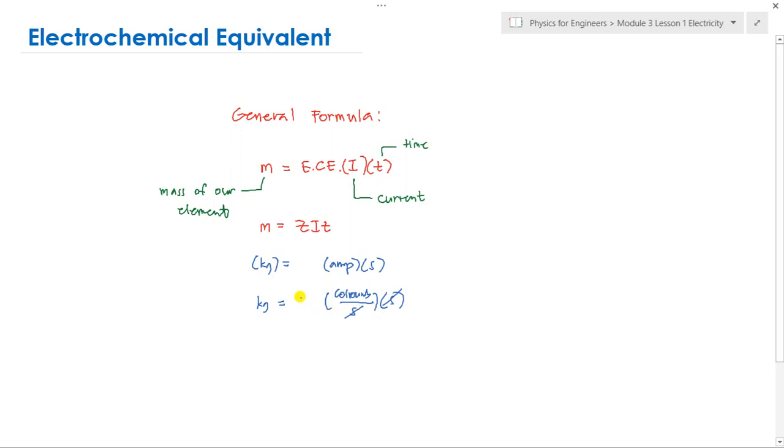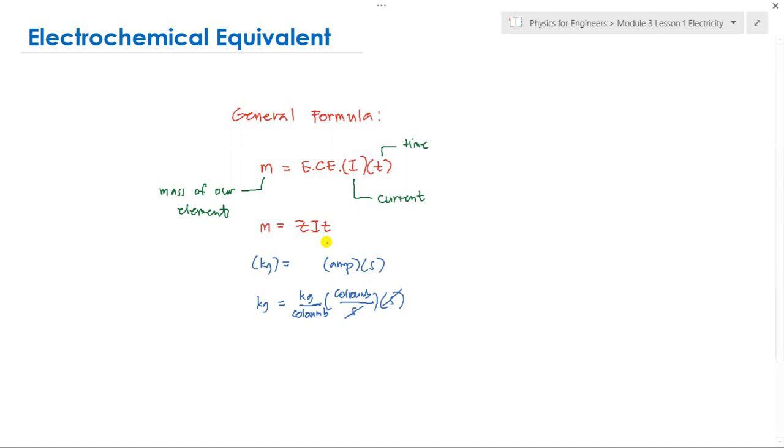Therefore Z is kilogram per coulomb. So the unit of electrochemical equivalent is kilogram per charge, or kilogram per coulomb. Remember the electrochemical equivalent formula.